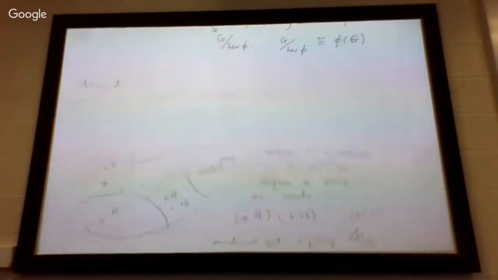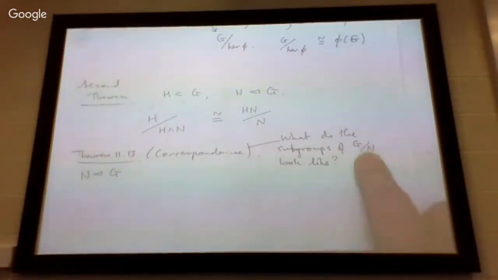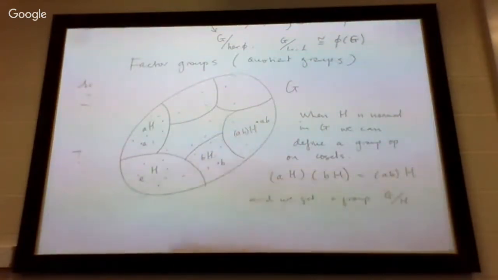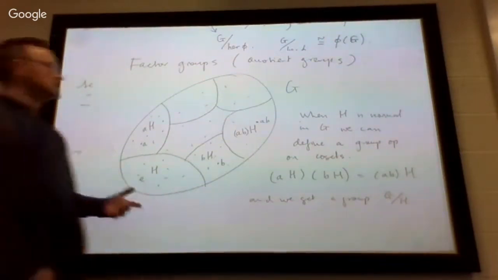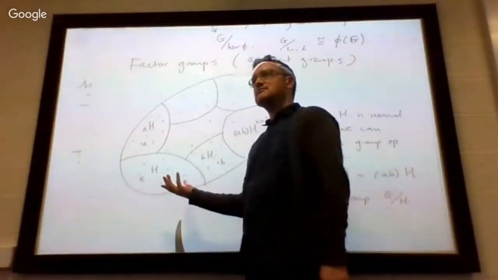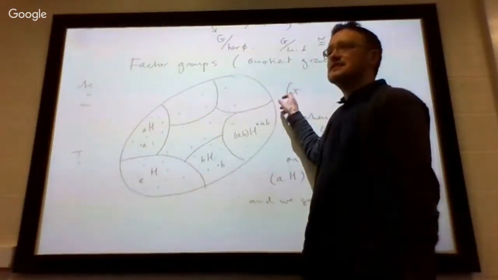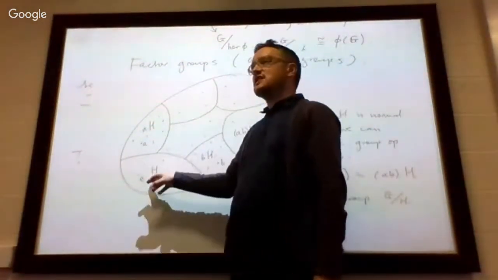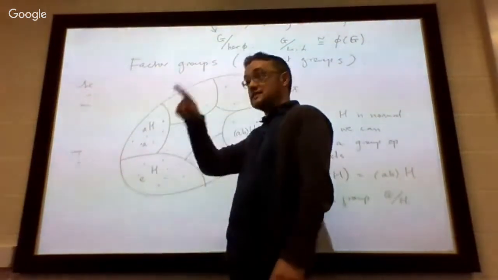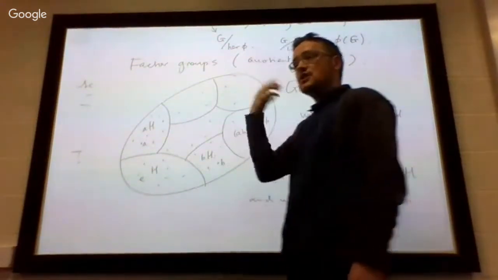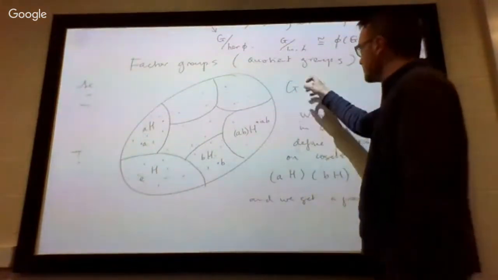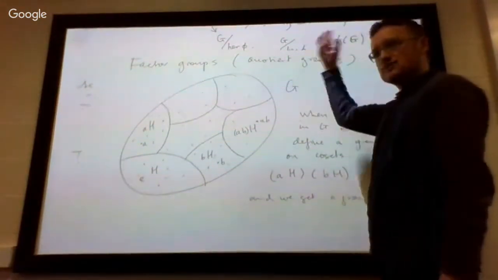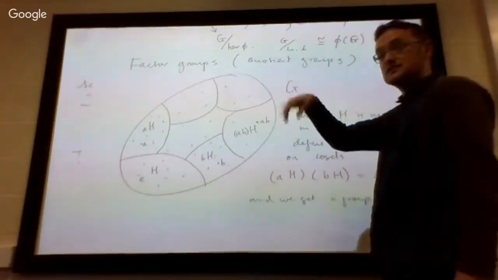Now it's not just a coincidence that it looks like a fraction. It does act in a fraction-like way, and thinking of this as some kind of division is a good metaphor: G divided by the subgroup H. It's splitting up G into bits that are each of size H, cosets of H. When you see something over something else, your primary school brain thinks that's a fraction, like 5/6 of the cake.